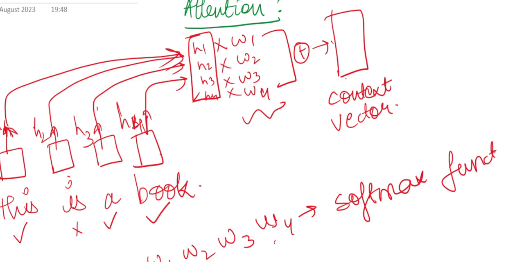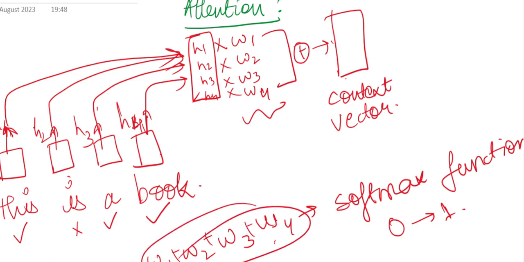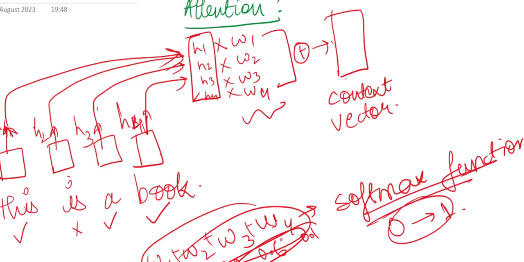You know that softmax function range is between 0 and 1. If you add all these numbers, it will be 1. So these are all probabilities. Let's say I give 0.1 to the first one, 0.2 to the second one, 0.6 to the third one, so the fourth one should be 0.1. The sum of all these weights should be 1. So all these weights are calculated like this.